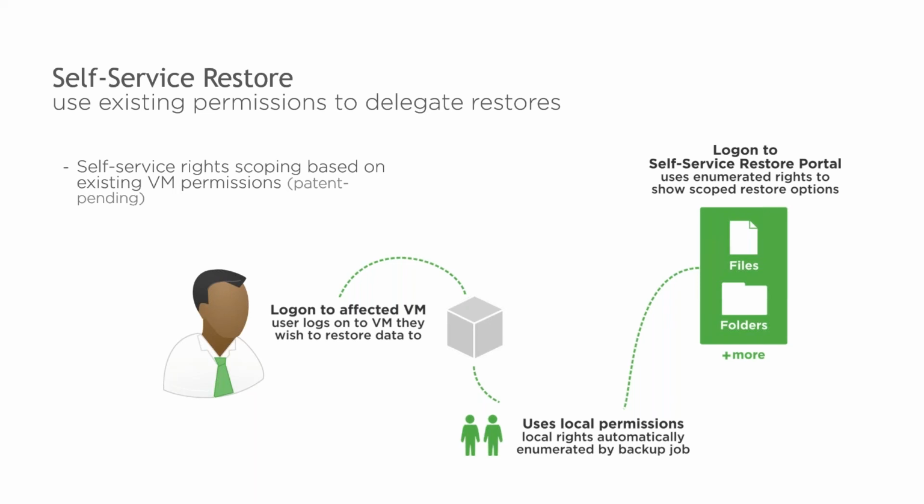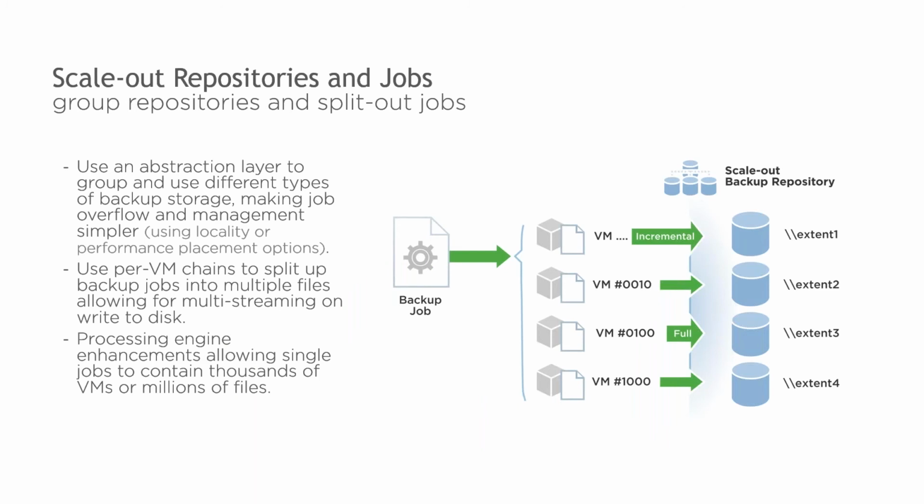Another feature we added with version 9 was the ability to do scale-out backup repositories. So previously, if you were doing your backups, you would define a backup target or a repository, and that would be where you would send all your backups to. You would have to ensure that there was sufficient space on that backup repository for all of your backups to run, and you'd also have to pre-provision space for your future requirements.